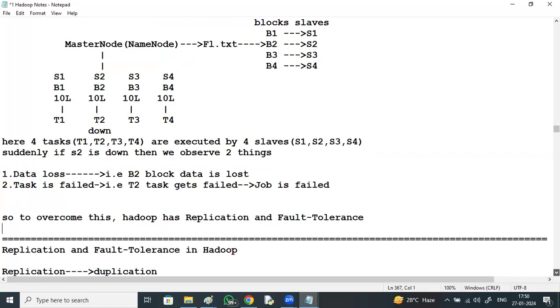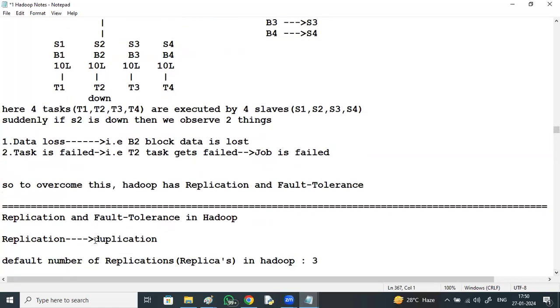Replication means duplication. The default number of replicas in Hadoop is 3.